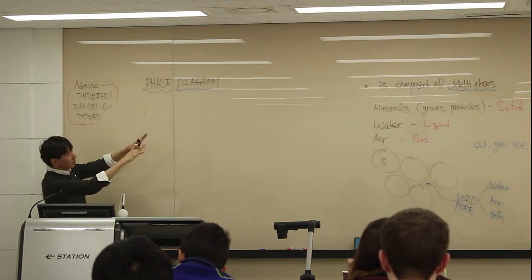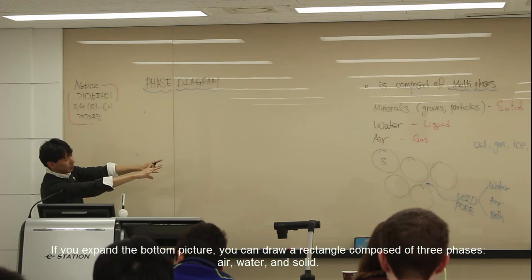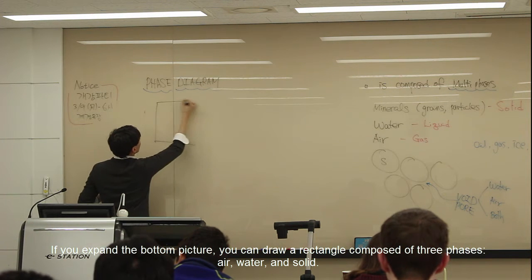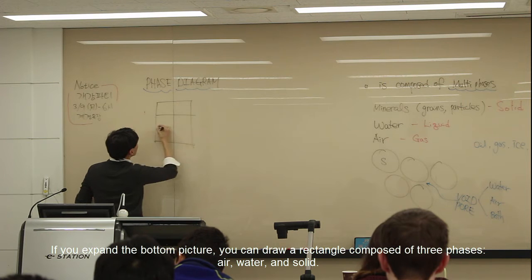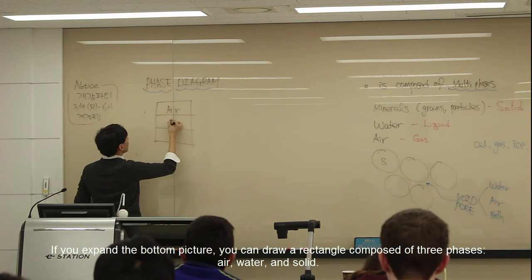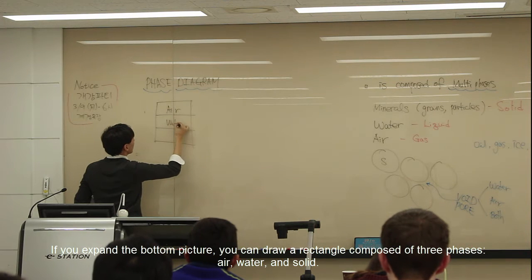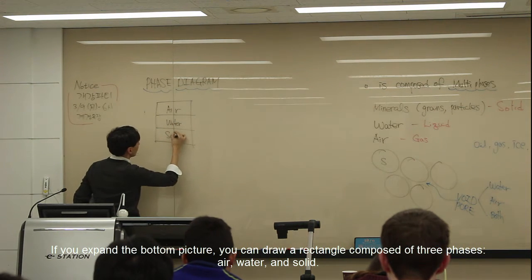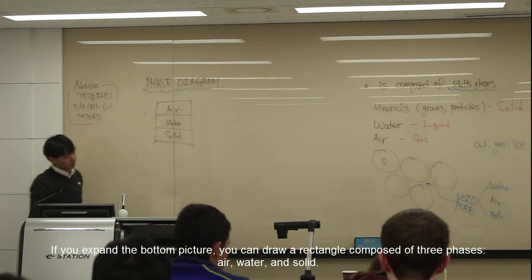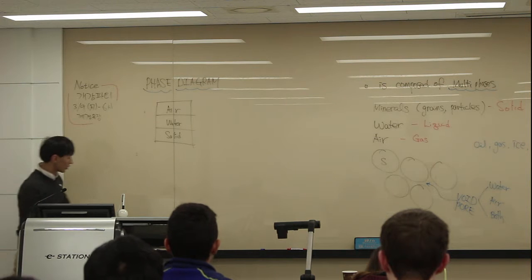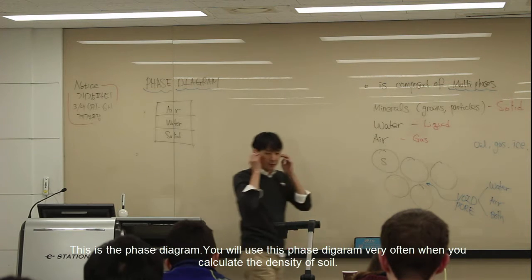If you expand the picture to the bottom picture, you can draw a rectangle composed of three phases: air, water, and say the solid. And this is a phase diagram.